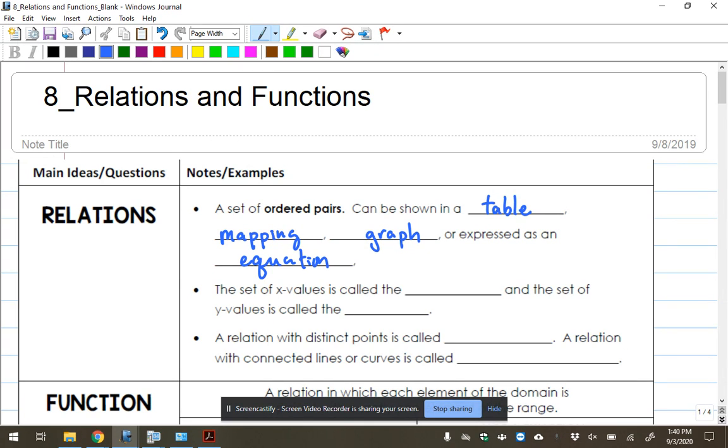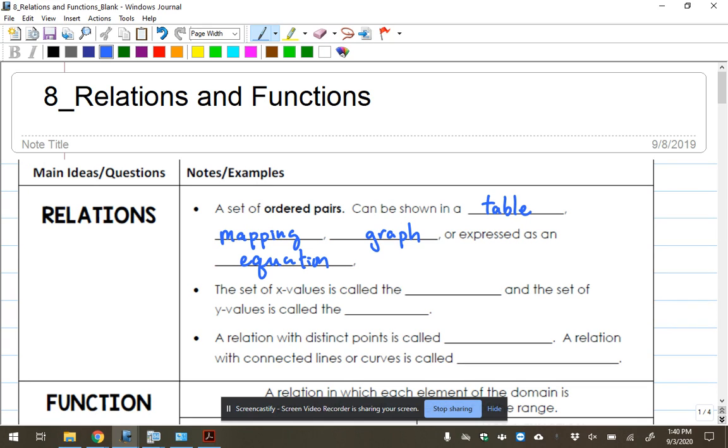Those four different ways, and we're going to go through each one of those individually. Table of values, a mapping, which is you've got two bubbles and you draw arrows between them. Graph, which is ordered pairs, you graph them on a coordinate plane. And then an equation, and that's where we're headed for the bigger thing.